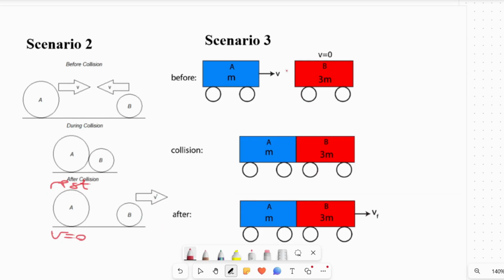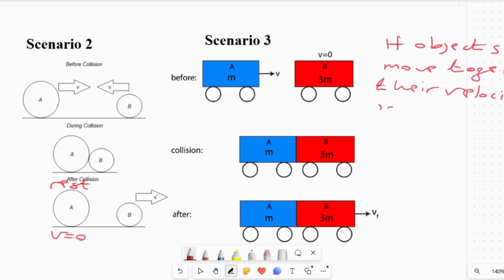Scenario number 3: we can have a situation where one object is moving and the other object is not moving, and then after collision they combine together and move like that. What is important is that if objects move together, it's important to take note that their velocity is the same.